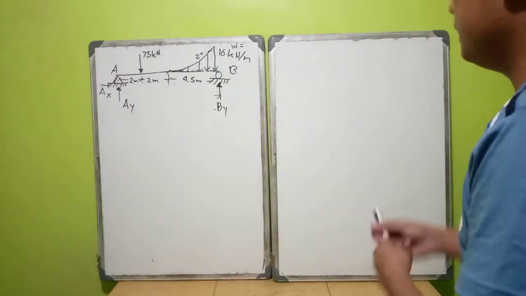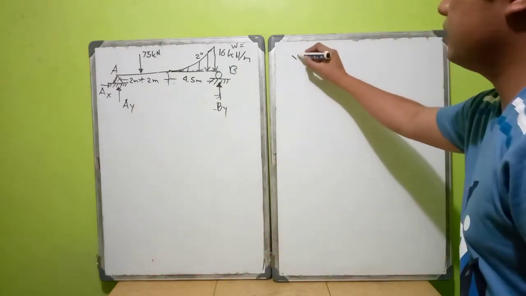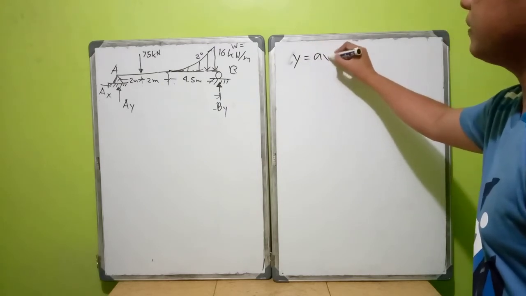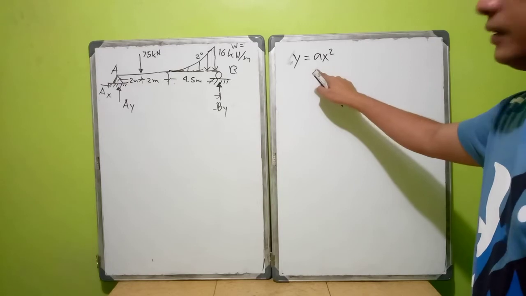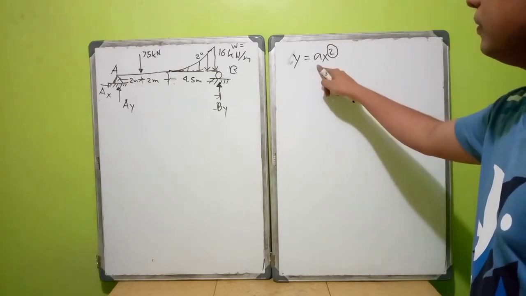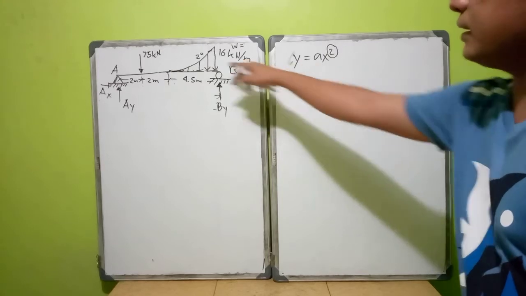This curve can be represented as, let us say, y is equal to ax squared. So it has a power of 2, so it is a second degree curve.